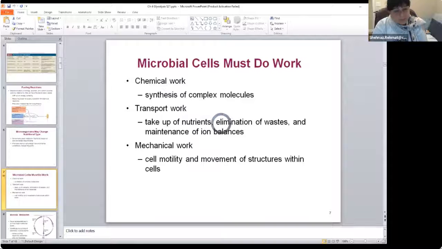Mechanical work would be in terms of motility, in the flagellated bacteria or the ones that can glide.